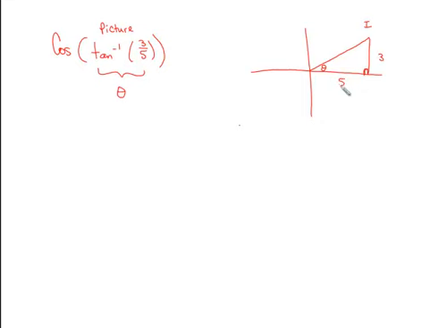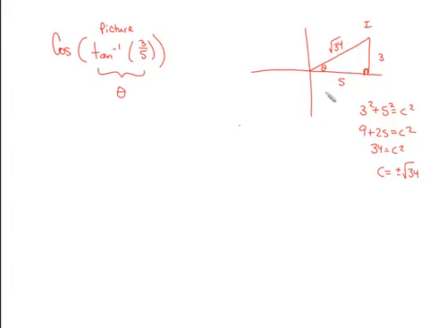We can use the Pythagorean theorem, a squared plus b squared equals c squared. So c is equal to plus or minus the square root of 34, and since this is our hypotenuse, it's always going to be positive, regardless of what quadrant we're in.